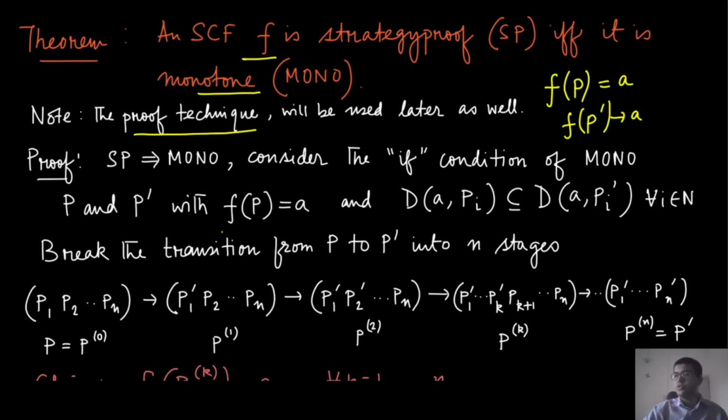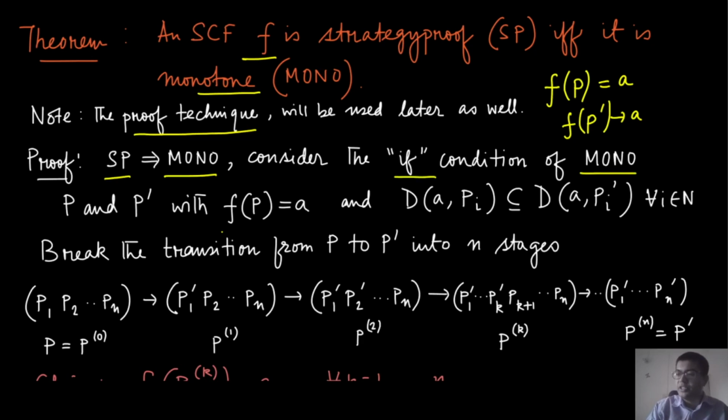So let us first prove the forward direction, that is, if a social choice function is strategy-proof, then it must be monotone. First, let us look at the if condition of the monotonicity property. Recall the formal definition of monotonicity.